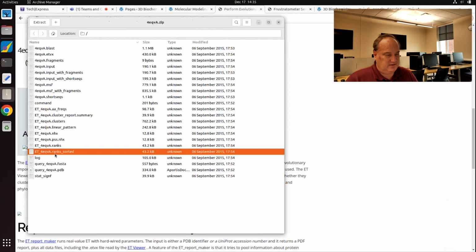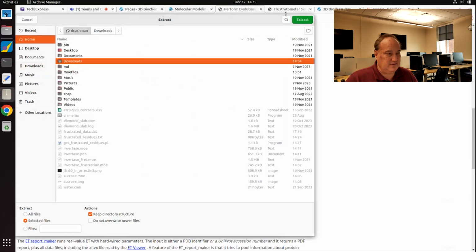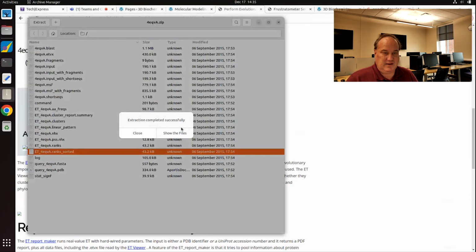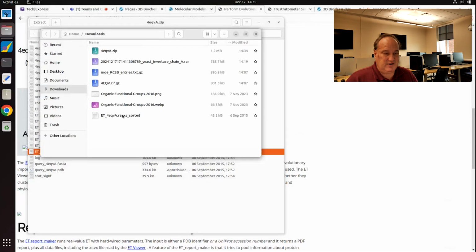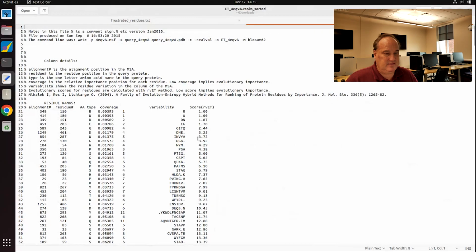Its ranks file is under ranks sorted. This file contains all the ranks, and it's just a text file, so I'm going to extract this and put it in my home directory.